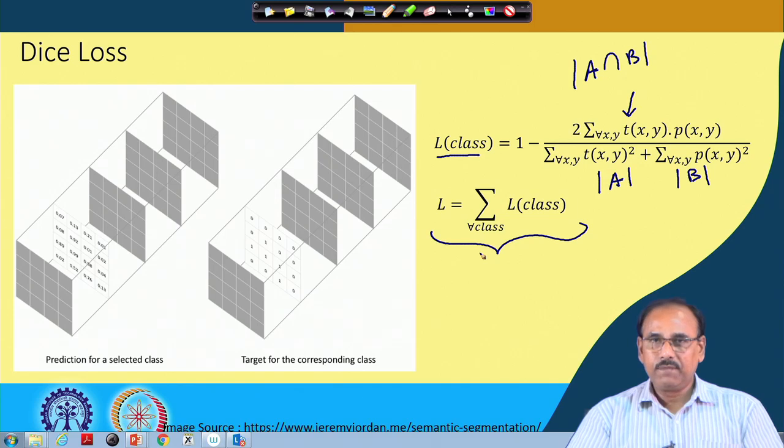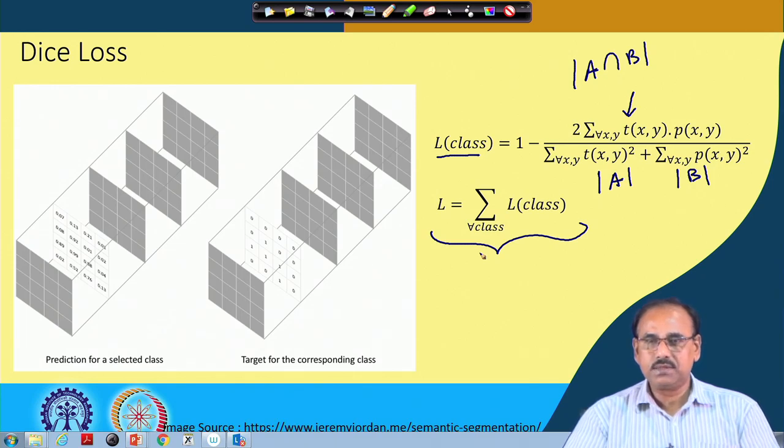During training, using backpropagation and gradient descent, you can try to minimize this loss. So, your training operation will be such that you modify the network parameters following gradient descent, where the gradient of this loss function with respect to the parameters is taken, and you modify the parameters in such a way that this loss function is minimized. So, for training of the neural network meant for semantic segmentation, either you can use the pixel-wise cross entropy loss, or I can also use this dice loss.